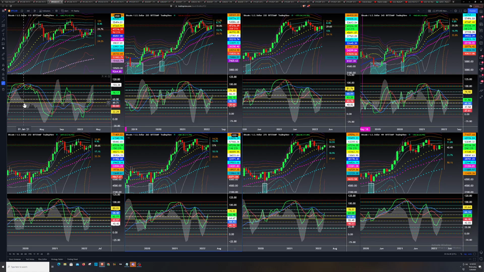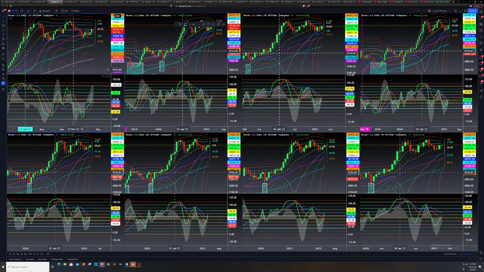Like right here, we went below level 50. Yeah, we had a little bitty pullback, but we kept going up in that 11 day. Why did we keep going up in that 11 day? Well, let's go ahead and put a vertical timeline right there where we went below level 50. Let's double the 11 day to 22 days.